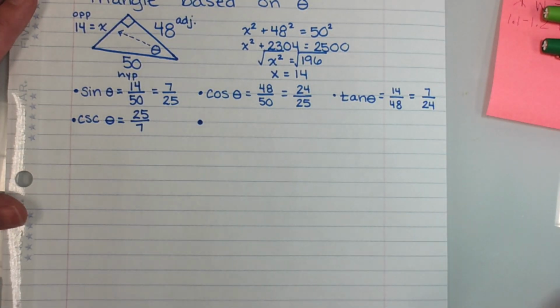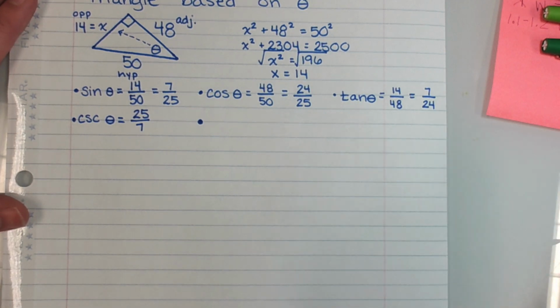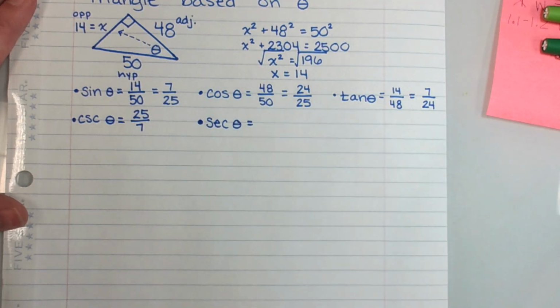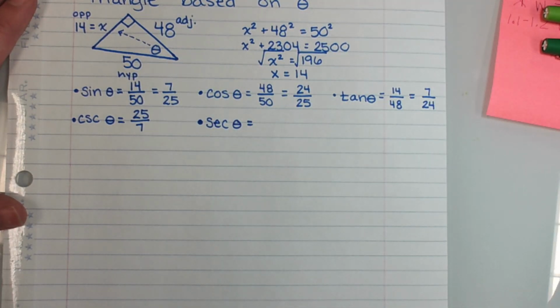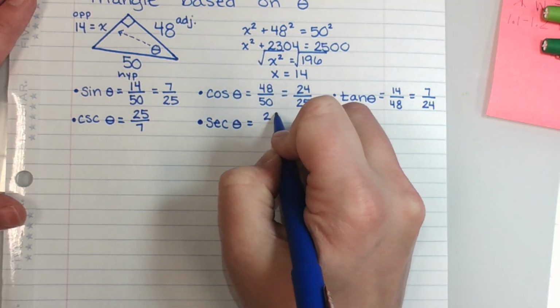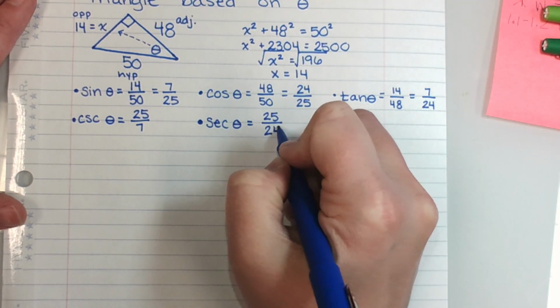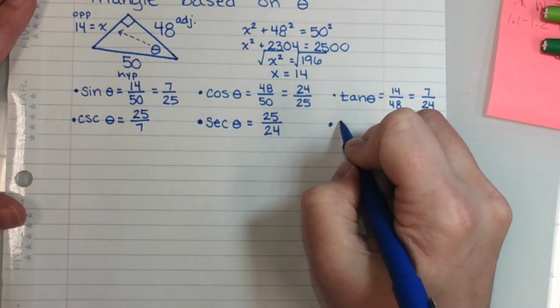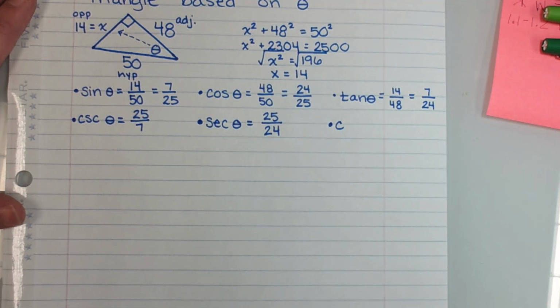Cosine's reciprocal. Well, it starts with C, which means I need one that doesn't start with C. What's the only new one that doesn't start with C? Secant, S-E-C. Reciprocal of 24 25ths? 25 24ths. Tangent doesn't start with a C, so I know its reciprocal does.